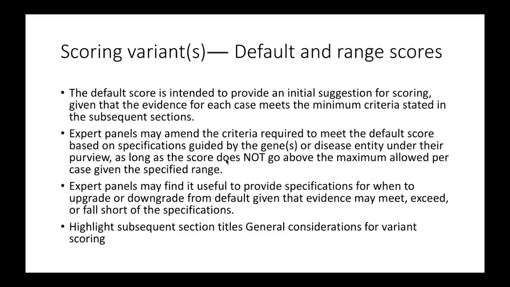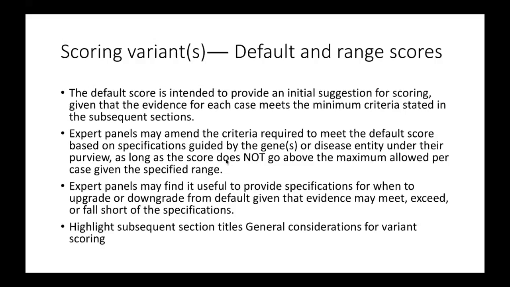We do want to highlight and recognize, though, that expert panels may amend the criteria required to meet the default score based on specifications guided by the gene or disease entities under their purview, as long as the score does not go above the maximum allowed per case in a given specified range. There is a little bit of modification of how you can apply a score based on these specifications.